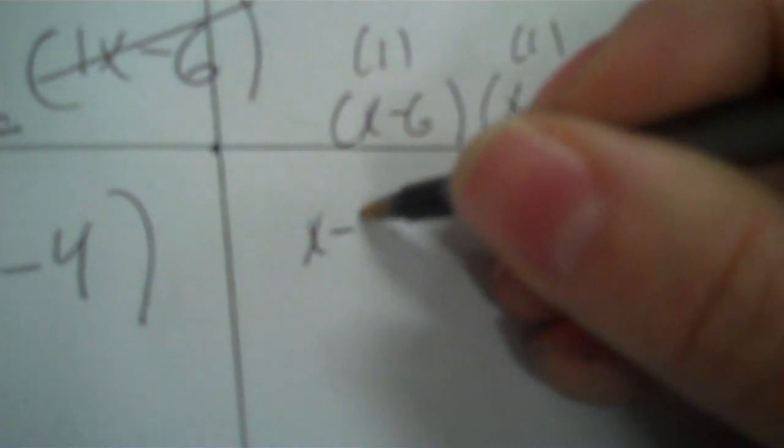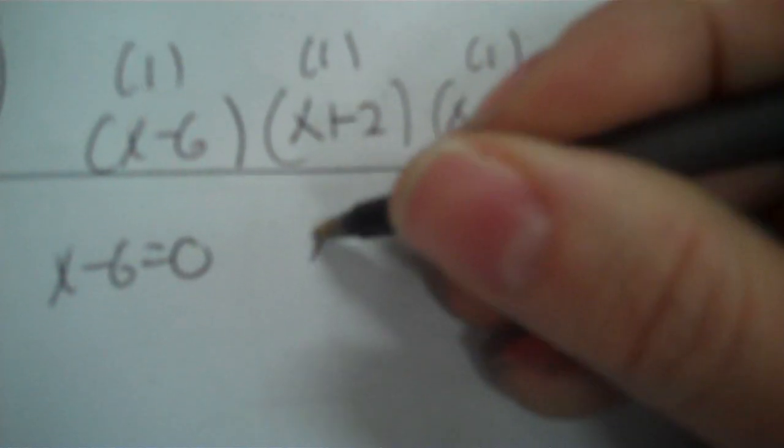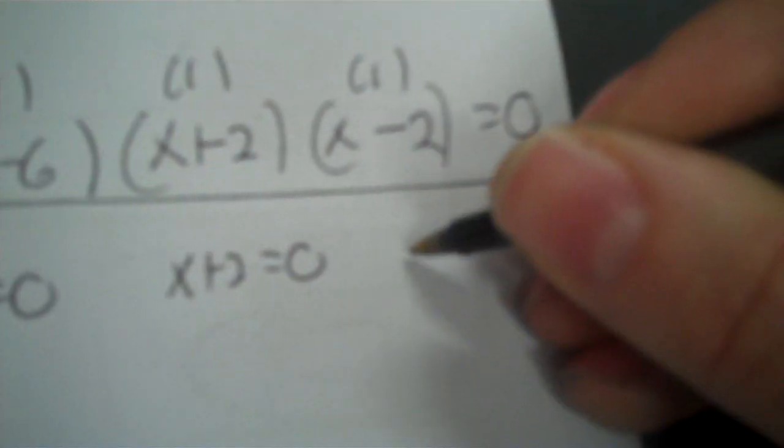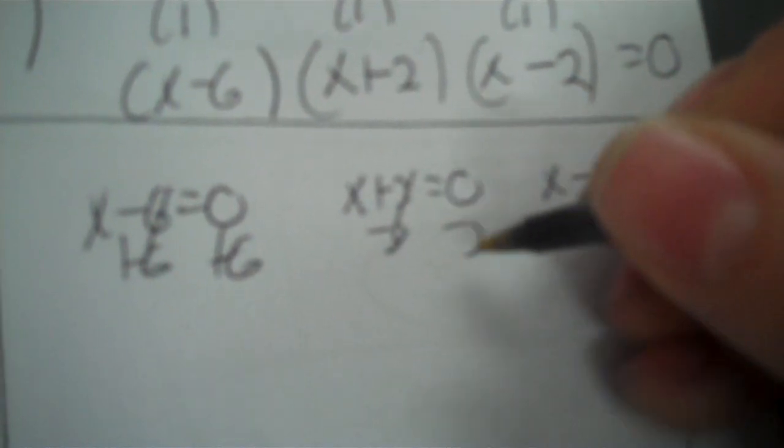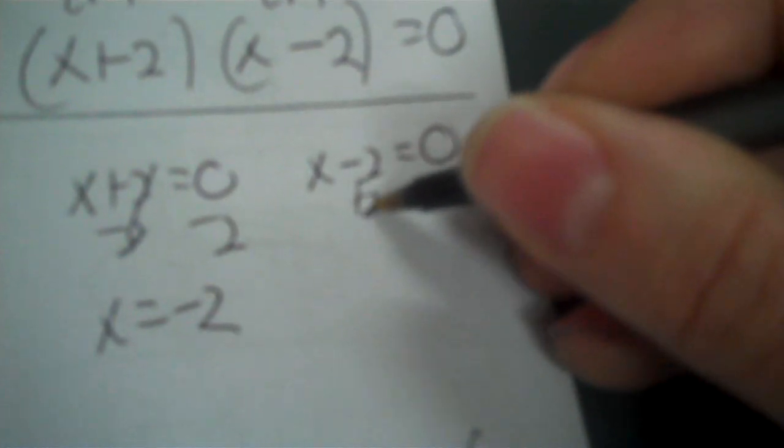Okay. So x minus 6 equals 0. x plus 2 equals 0. x minus 2 equals 0. So plus 6, I get 6. I get negative 2. And I get positive 2. Okay, so those are your roots.